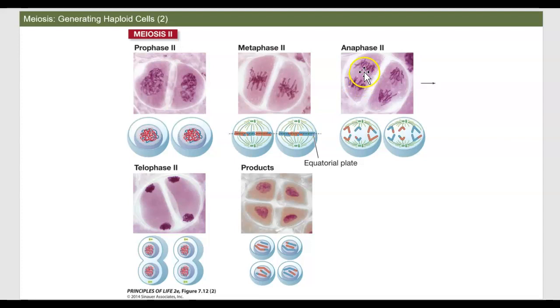Then they separate during anaphase. And then during telophase, we form new nuclei, or nuclear membranes. And then we divide again. So you end up at the end of meiosis 2 with 4 individual gametes, or sex cells, each with only 1/2 of the chromosome number of the original cell.